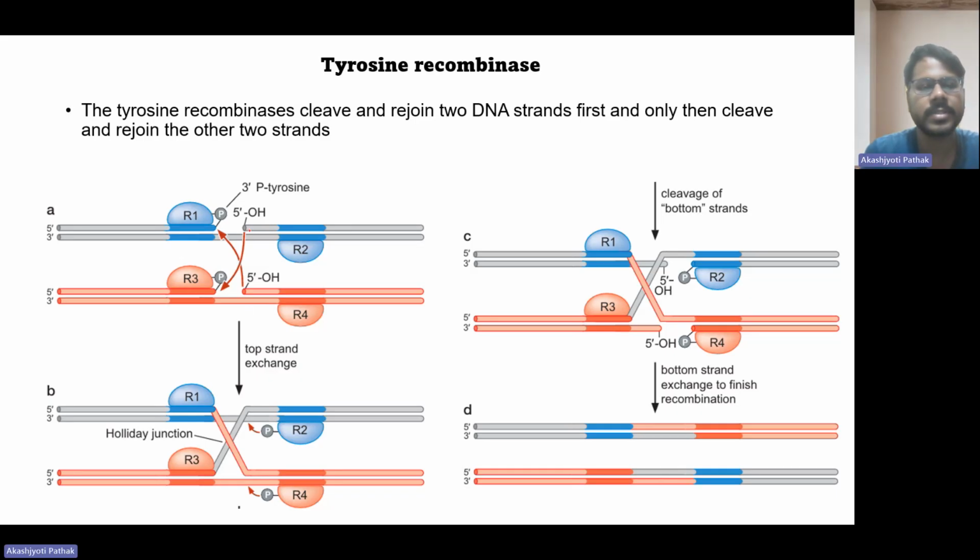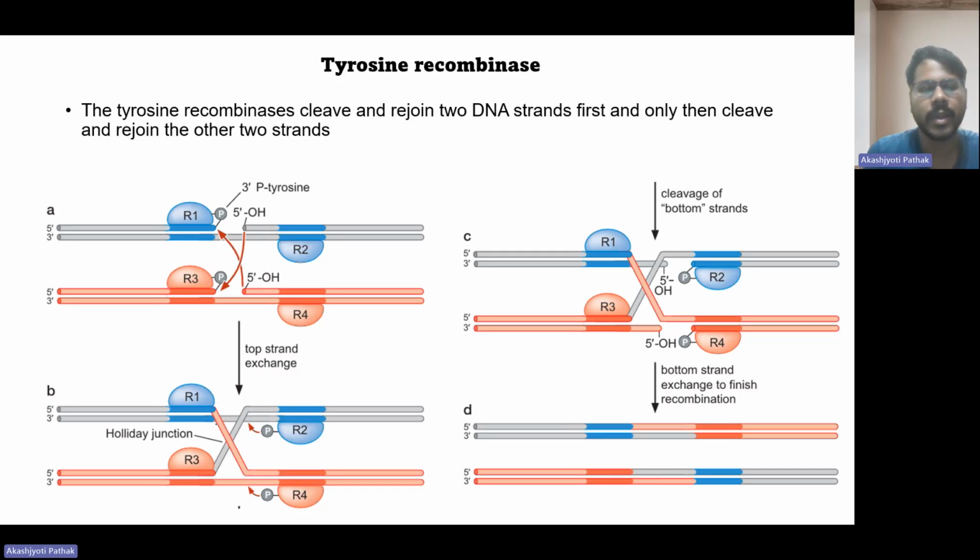And then there is a formation of holiday junction in the mechanism of recombination by tyrosine recombinase. So you see here that a holiday junction has been formed. Okay, so this part has combined with this part, and this region has formed a connection with this part. So this is called the holiday junction.